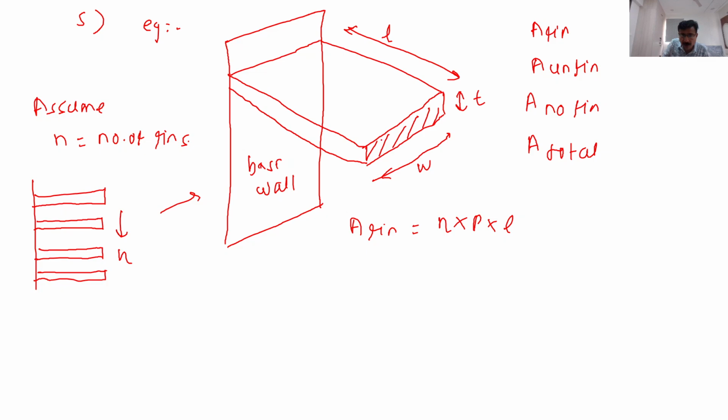Now you are saying, sir, you have not considered the tip area, because in case of adiabatic tip condition, it is assumed that that area is very negligible. So we are not considering that area. We are considering only surrounding peripheral area, that is P into L. Why we are multiplying by n? The reason is there is not one fin, there are number of fins. So this is the formula for A fin. Remember this. A fin is nPL.